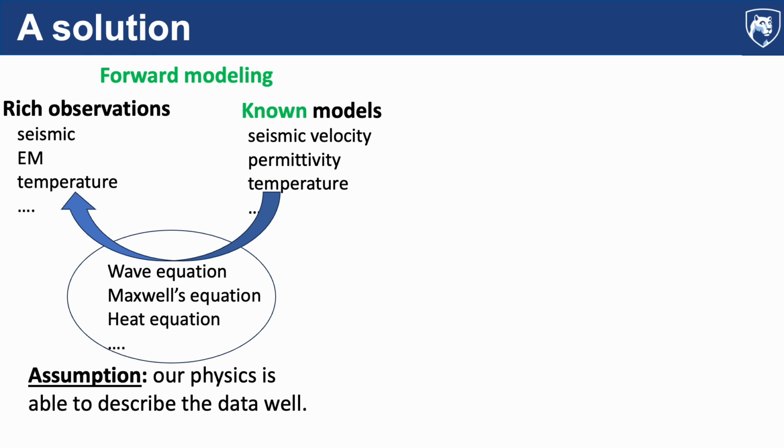So here we propose a solution: use forward modeling to generate the data from synthetic models. We know the physical law very well. For example, for seismic propagation, we know the wave equation, right? So the assumption here is our physics law is able to describe our data very well.